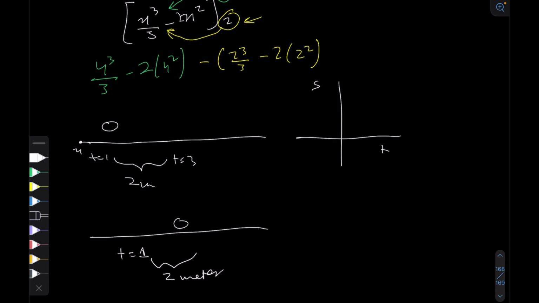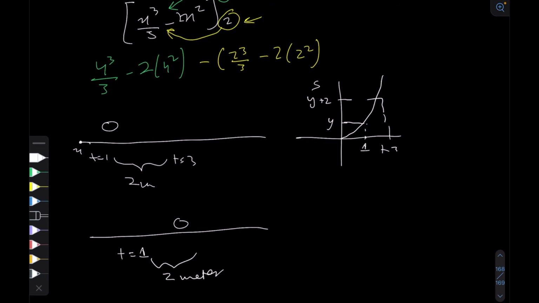It does not matter what its starting point was. On a graph, let's say the displacement time graph is something like this. At 1, there's some displacement y, and at 3, there's some displacement y plus 2.